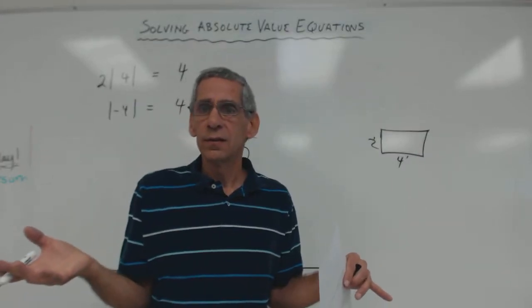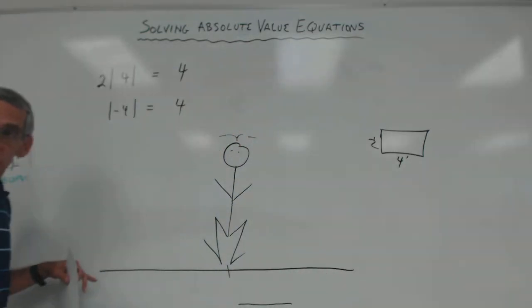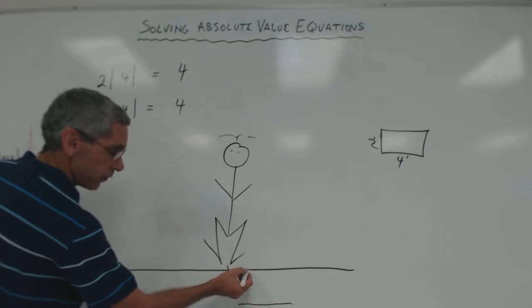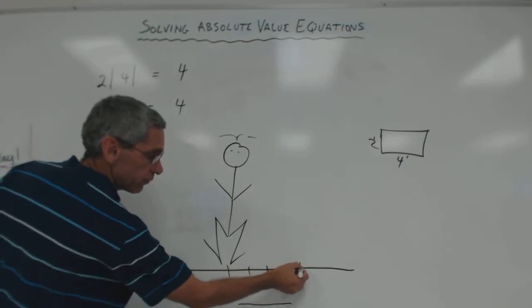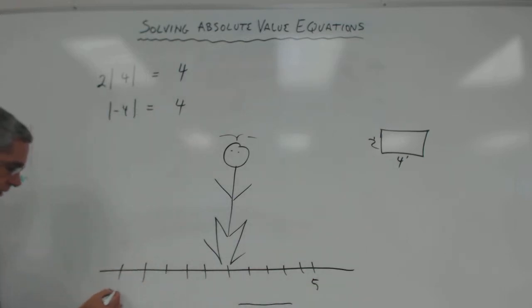Okay, all right. So Gideon said, yes, you can, because you have a graph, right? And on a graph, you've got 1, 2, 3, 4, 5. That's positive 5. And then you've got 1, 2, 3, 4, 5. That's negative 5.